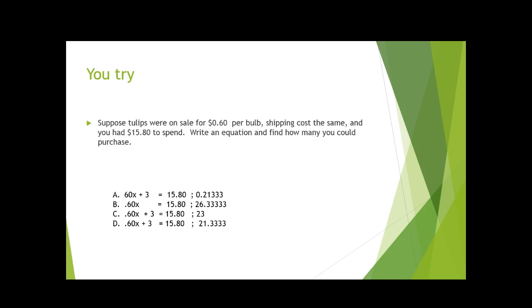C would be 0.60x plus 3 equals 15.80, and the answer would be 23. Or D is 0.60x plus 3 equals 15.80, and the answer would be 21.3 repeating. Decide which one would be the best answer. And for more problems like that, you're going to be doing page 84, numbers 17 through 19.